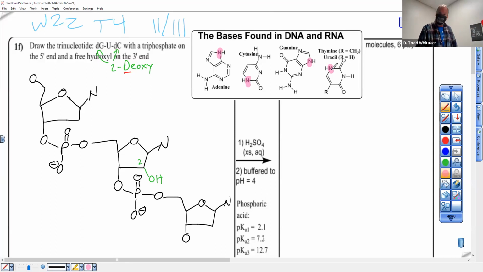If you have both rings, what kind of a structure are you? A purine or a pyrimidine? You are a purine. The two purines, which nitrogen did I highlight? Because there's something common to both.